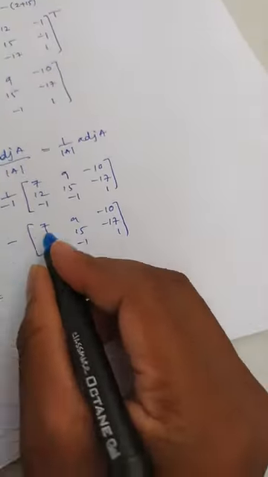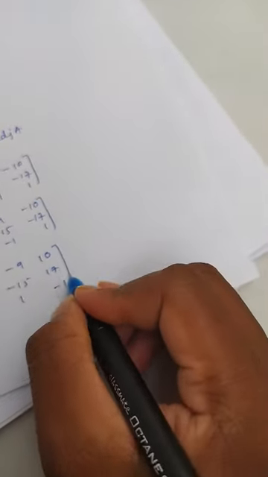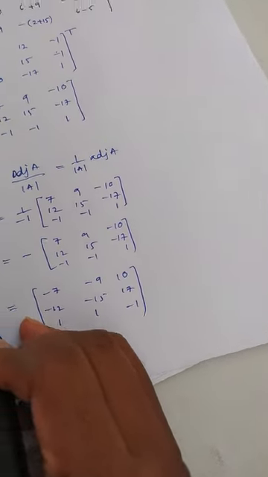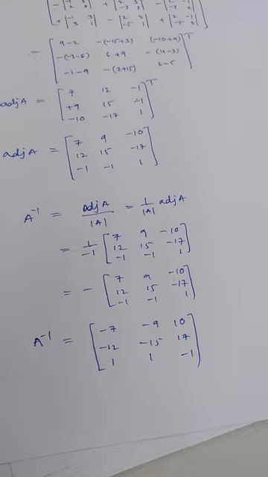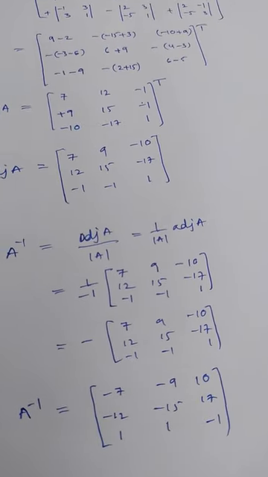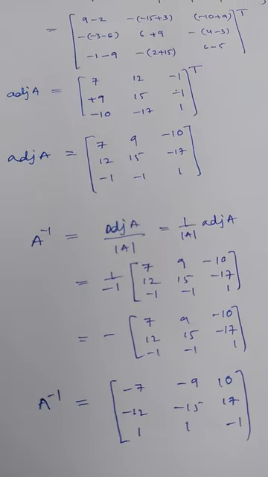So you will get minus 7, minus 9, 10, minus 12, minus 15, 17, here plus 1, minus 1. Now this is the inverse of the given matrix.